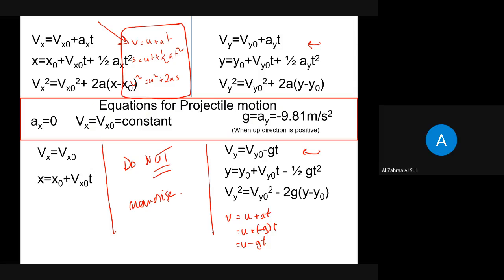No, here if I substitute now I just put 9.8 because I already put the minus before. Okay. So that's the reason. That's why I told you do not memorize these equations, because it will be confusing. If you just use the basic equation and you substitute the numbers, you will always be safe.